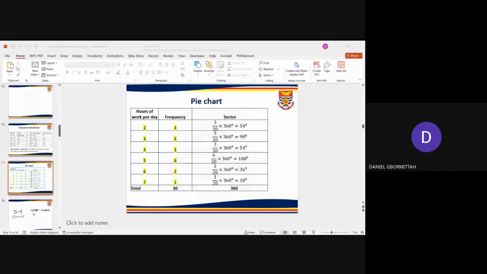That is not a good way to go, because if a data is given to your student and the examiner says they have to use a pie chart to represent the data, and it turned out that the total frequency cannot exactly divide 360, then the student will say that we will not do it.